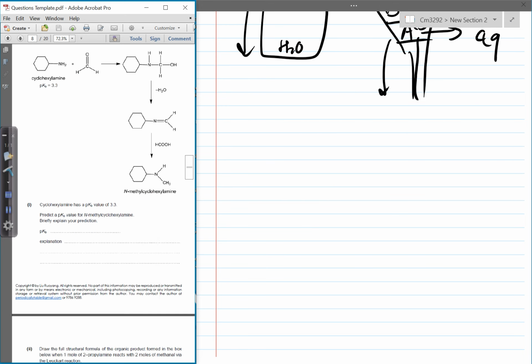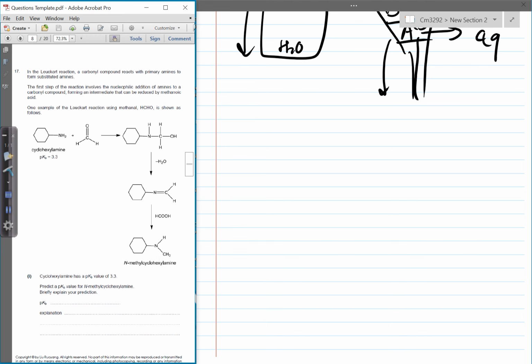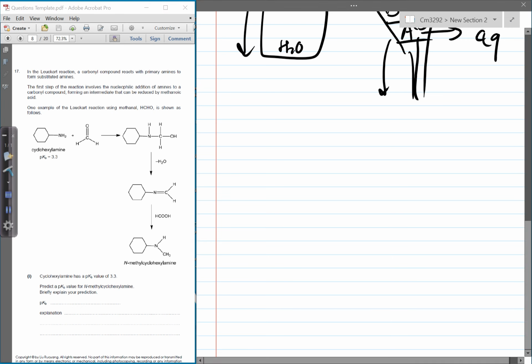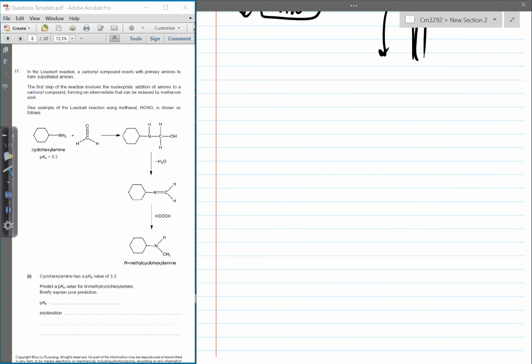For the first part, predict a pKb value, right? If you compare the N-methyl cyclohexylamine with cyclohexylamine, you know that N-methyl cyclohexylamine is secondary, while the first one is primary, right? So we have learned that secondary has a stronger inductive effect, which makes it a stronger base, right? A stronger base means a smaller pKb.